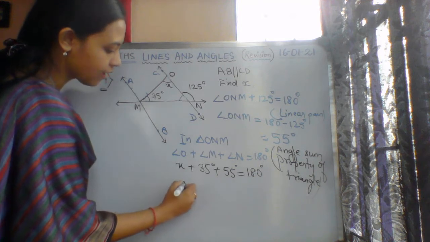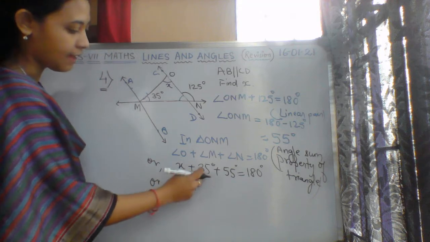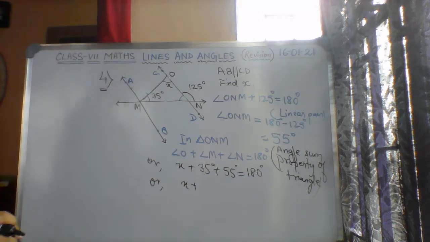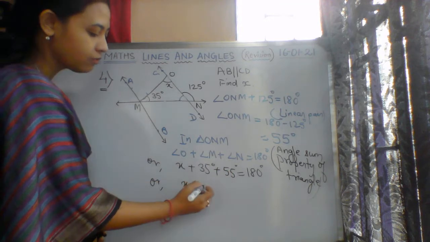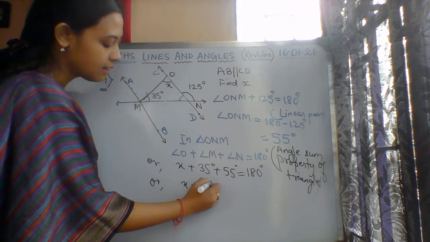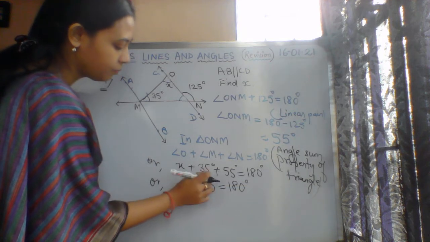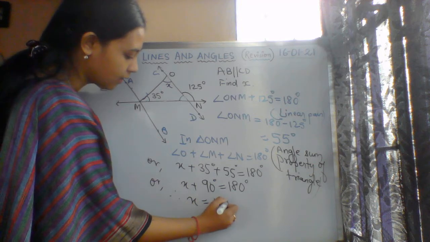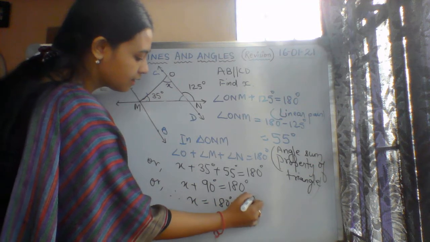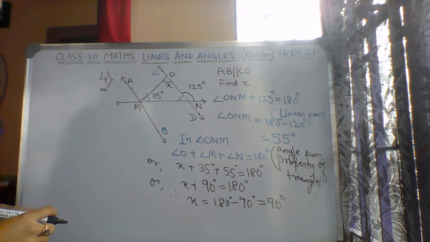So x plus 35 plus 55. 30 plus 50 is 80, and 5 plus 5 is 10. So 80 plus 10, 90 degree equals 180 degree. Therefore x equals 180 degree minus 90 degree, that is 90 degree. So our value for x is coming 90 degree.